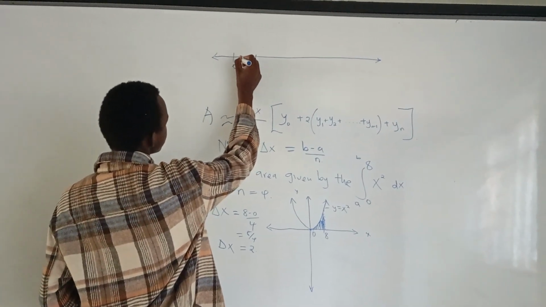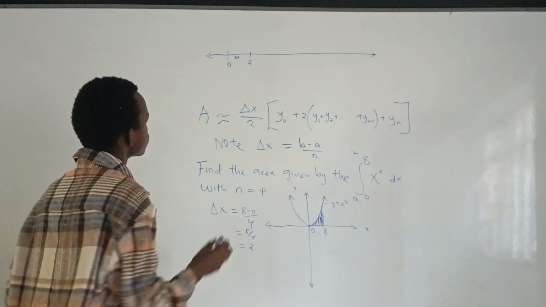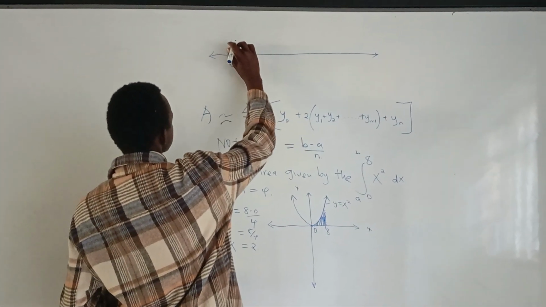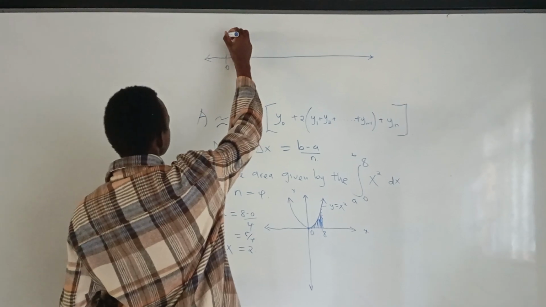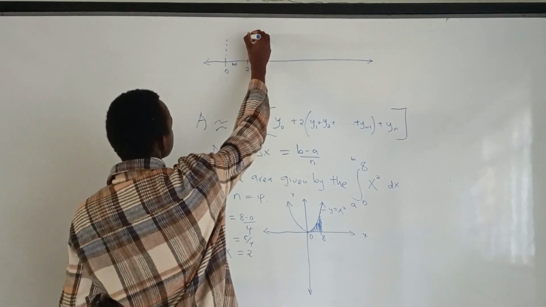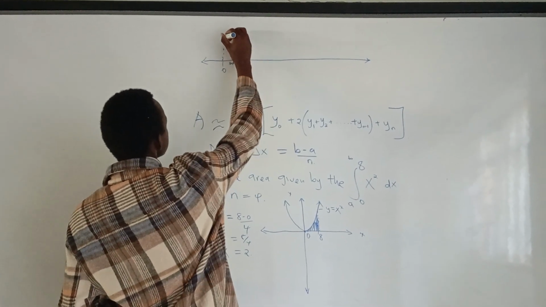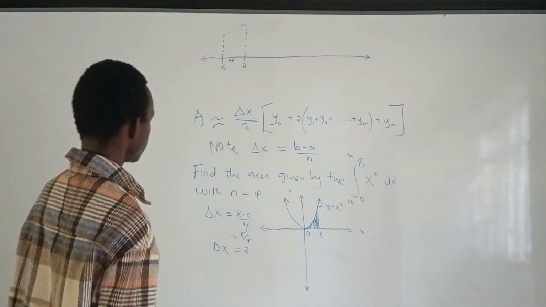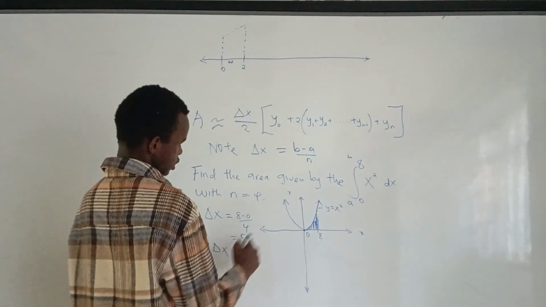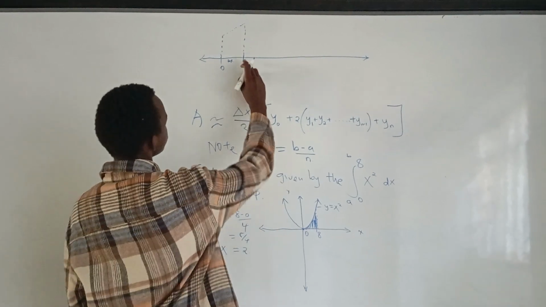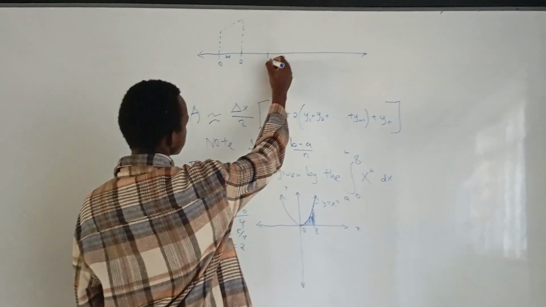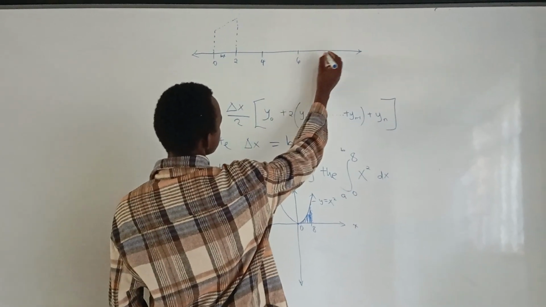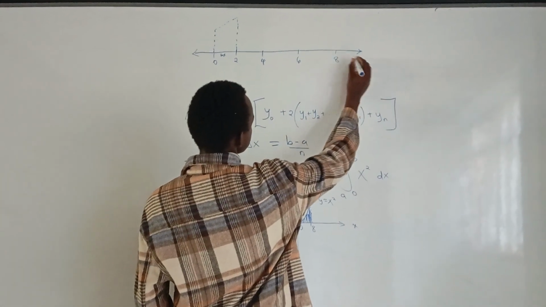This is our first delta x, and that trapezium is something of this sort. Our second trapezium, using that interval, will be from 2 to 4, then 4 to 6, then 6 to 8.